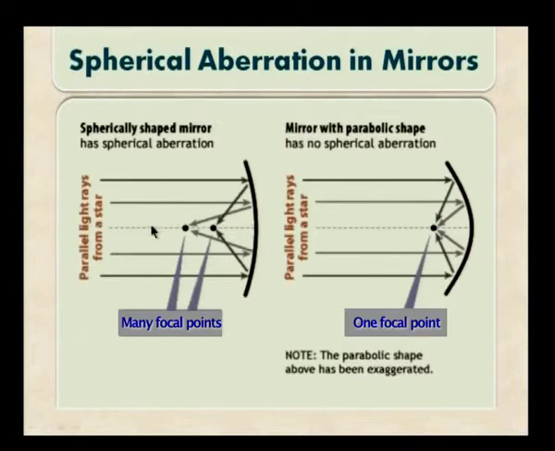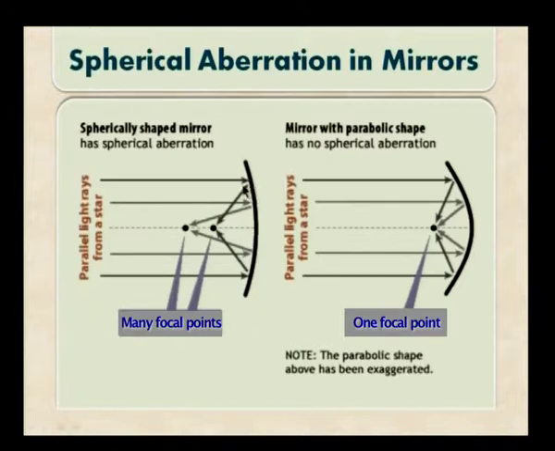So, light rays which are closer or parallel to the optical axis are called paraxial rays, and these light rays will come to a focus at this point. Whereas, these light rays which are hitting the mirror at the peripheral edge are called the marginal rays. So, these two rays are called marginal rays.